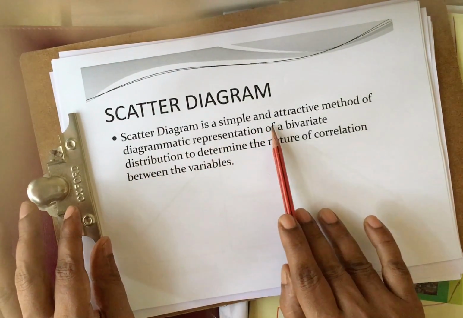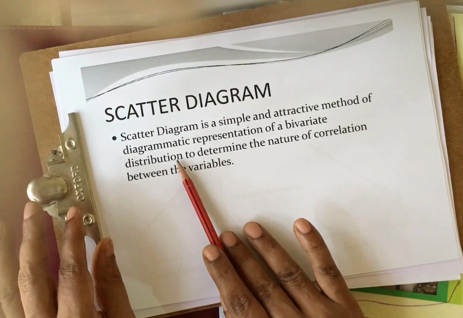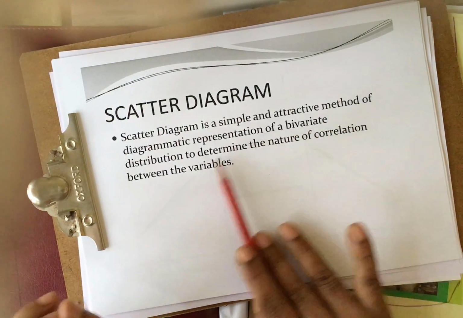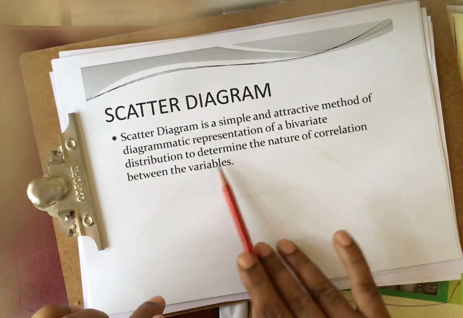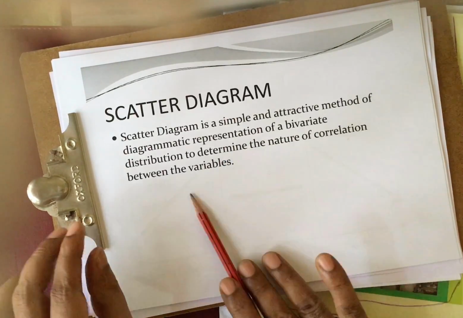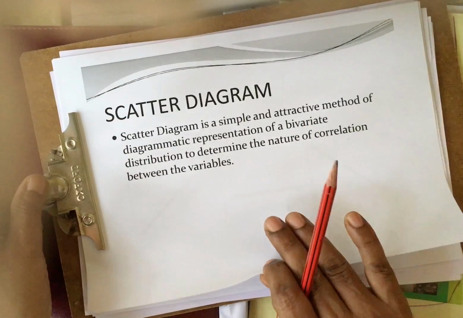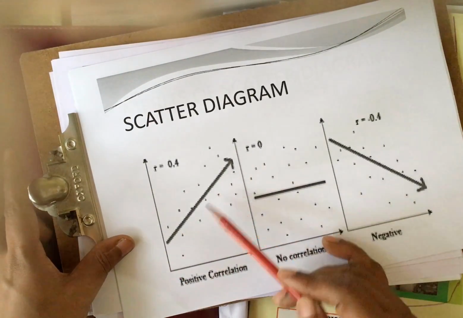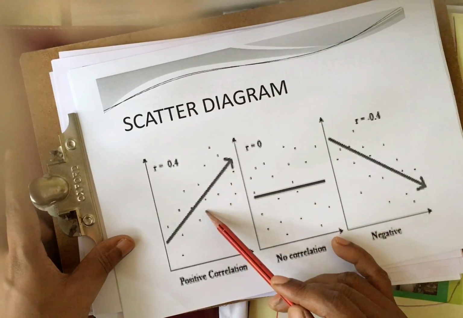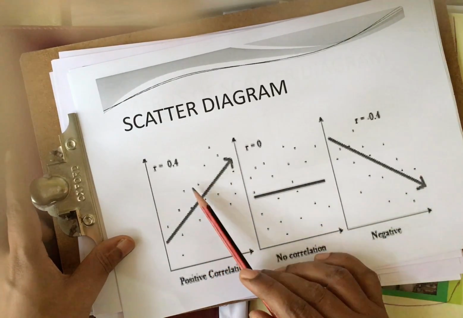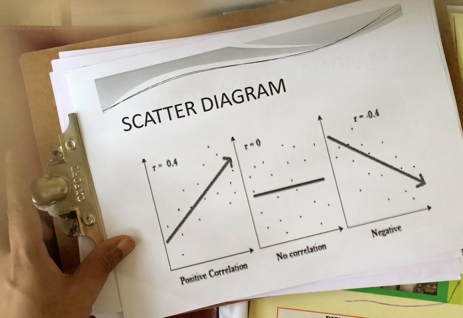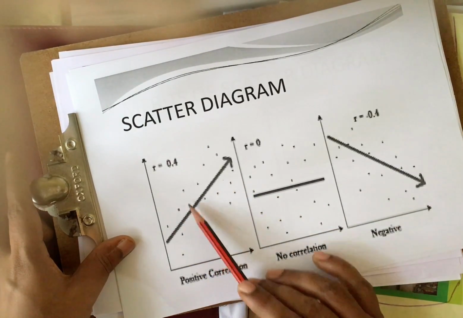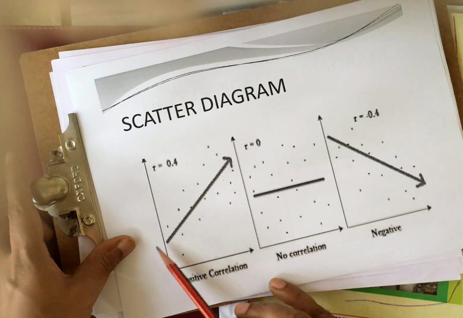The scatter diagram is a simple and attractive method, a diagrammatic representation. Bivariate means two types, x and y only. So the nature of correlation between the two variables is shown here, with some diagrams. If a line is drawn and the points are close to it, we can say it is a somewhat high degree. This is a positive relation, but it is not very close, that's why it shows moderate correlation.